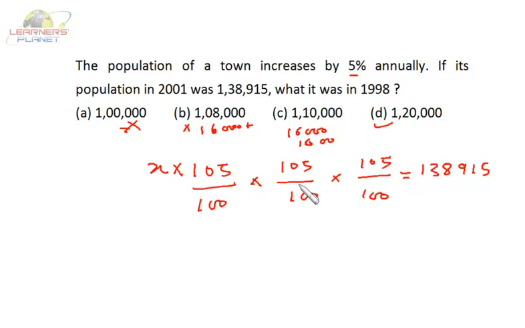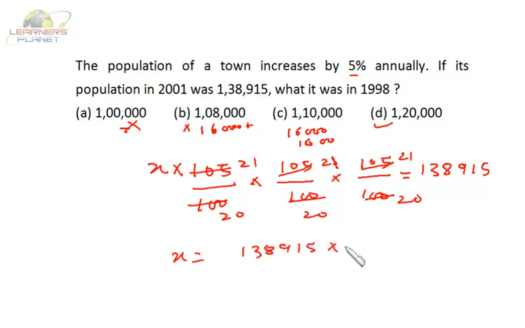Else you can calculate this. The value of X is equal to 138915 into 8000, that is 20 cube, by 21 into 21 into 21.